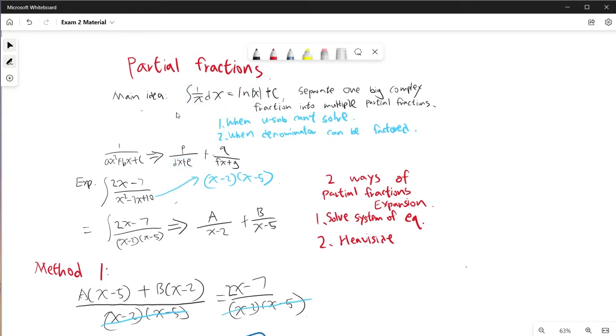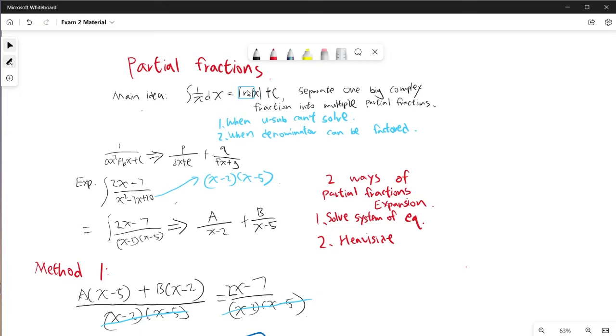So the main idea is that the integral of 1 over x is ln x, right? And then you can u-sub: if you have x plus 6, you can u-sub for x plus 6 and it will be just ln of x plus 6. And if you have a constant on top, say 6, then it's 6 ln of x plus 6 for the final integral.